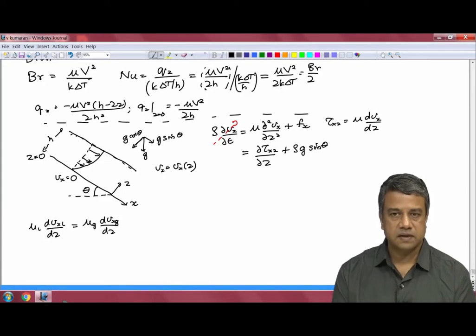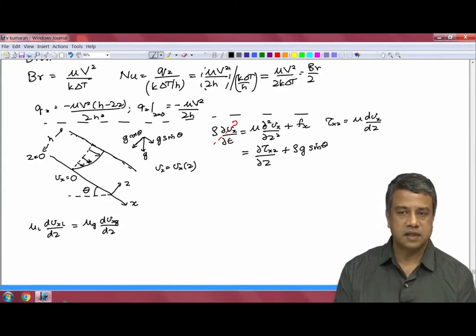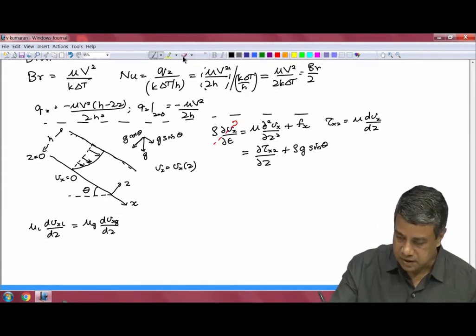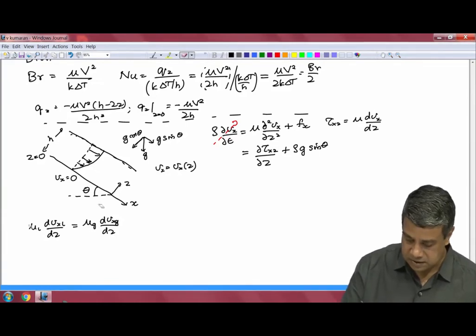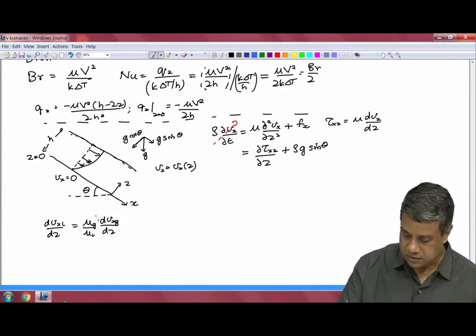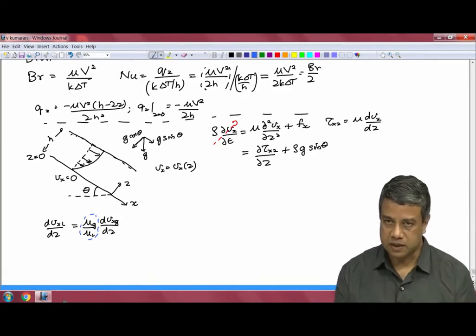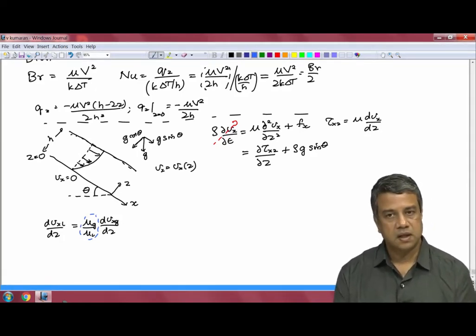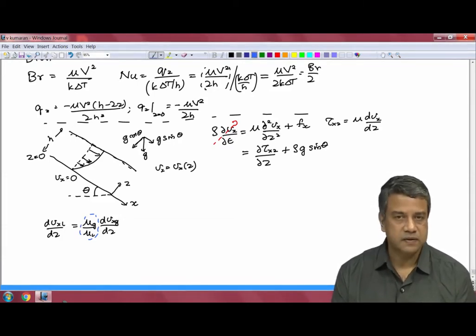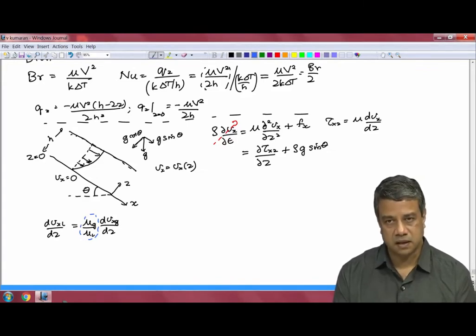The viscosity of the liquid is much larger than the viscosity of the gas. So, if I divide throughout by the viscosity of the liquid, the ratio mu g by mu L tends to 0. Therefore, if the gradient in velocity on the gas side is finite, then the gradient in velocity on the liquid side has to decrease to 0.